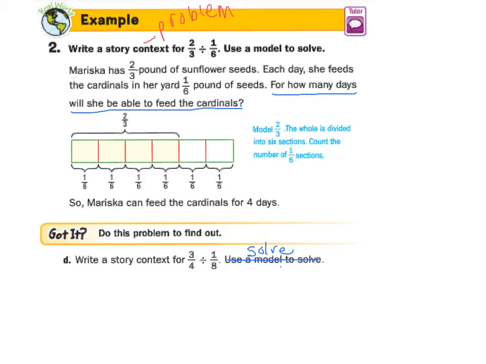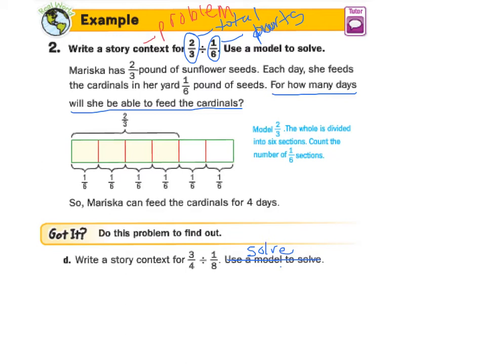So up here, let's go ahead and label this. That 2/3 then is the total, which means that we're going to use it as the dividend, and 1/6 then is the divisor, or because it's the parts, how many parts that we want to cut it into.